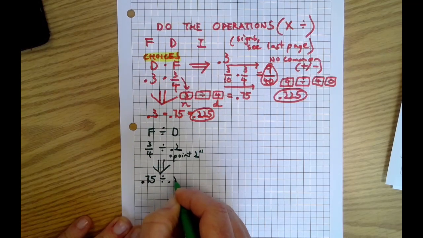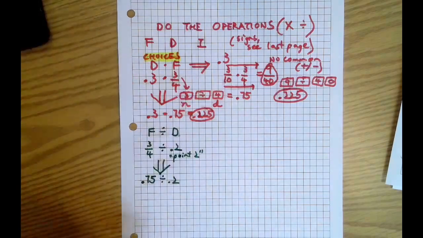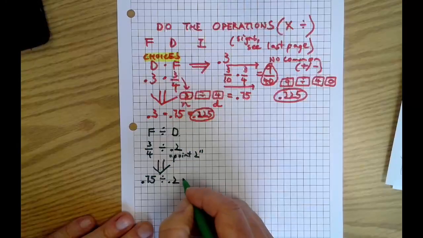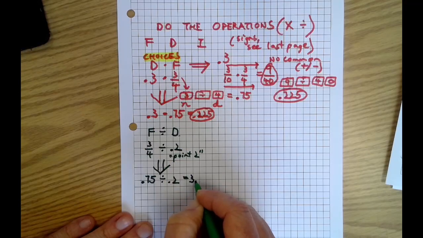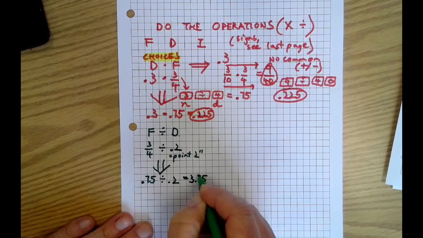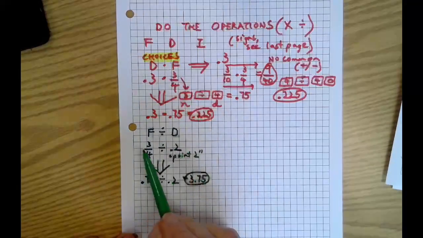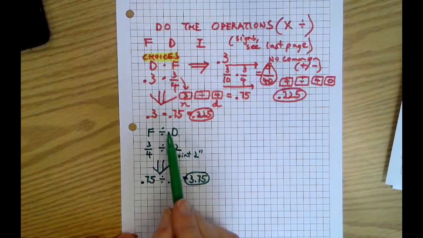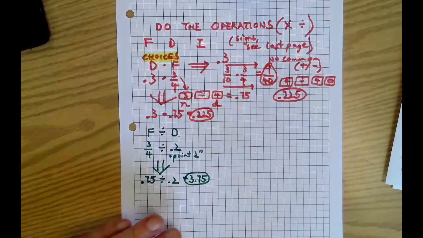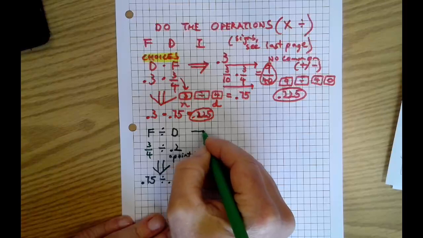So straight up on a calculator, very nice. That is my result. So in this case, since we already knew what the fraction was as a decimal, maybe it makes sense to do the whole problem as a decimal problem.